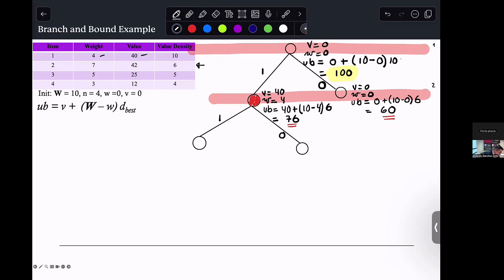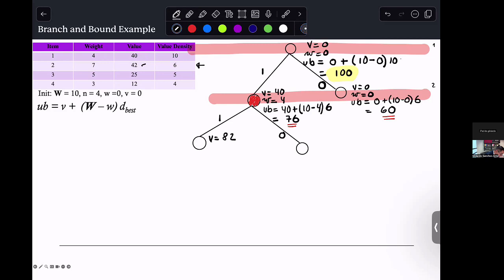So if I include item 2 into the knapsack, then the value is going to be what I already had, 40, plus the value. Let me clean the table. So it's going to be the 40 plus the 42, which is the value of the second item, meaning I will get 82 value.